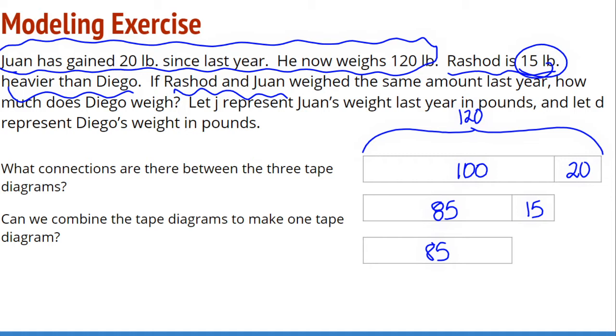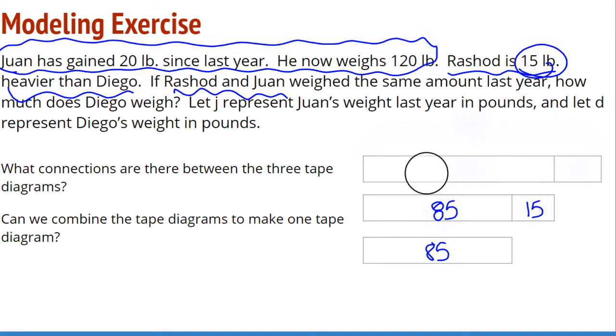There are all the numbers, because of course that's what everybody's worried about in math. But now let's go back through and look at it without the numbers. Let's just say, what connections do we have? Well, we know that this is Diego, and we know that this is Diego, and we know that this is 15. So we know that this is Diego plus 15, and we know that this is 20.